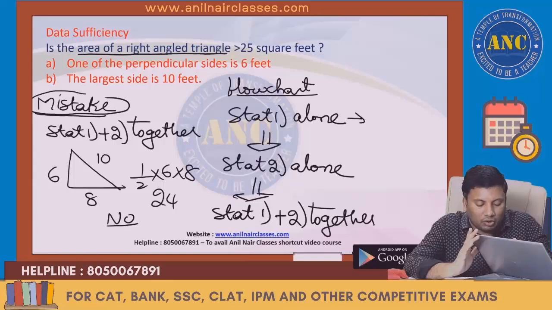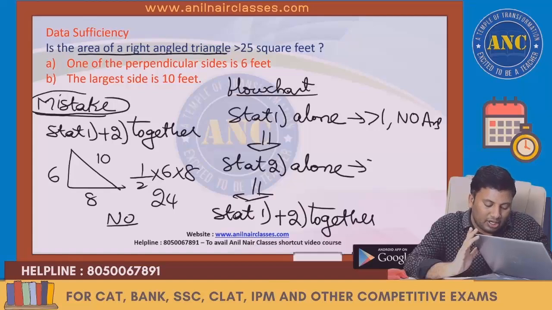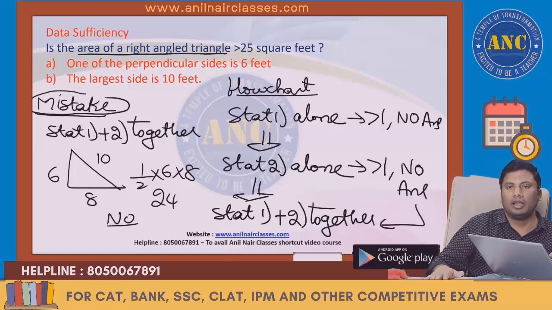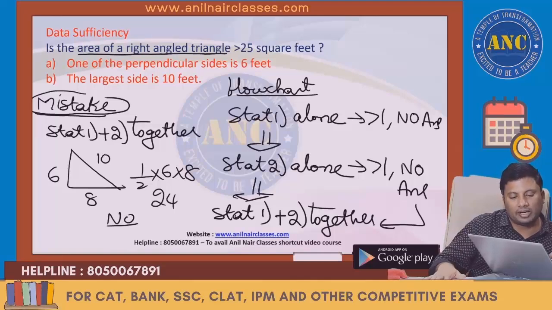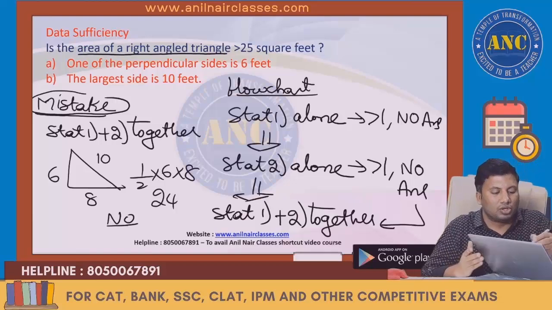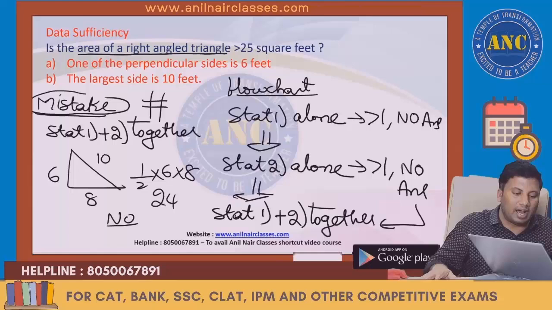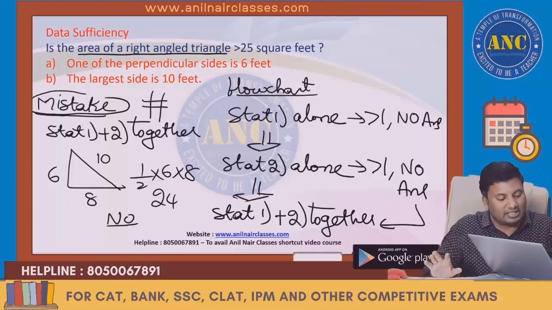Each statement alone should give a greater than one answer or no answer. Then only you should combine. You cannot combine two statements together without doing each statement alone. So this is another mistake. I hope it is clear.